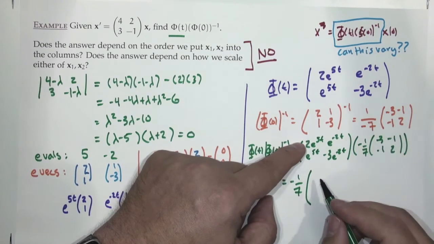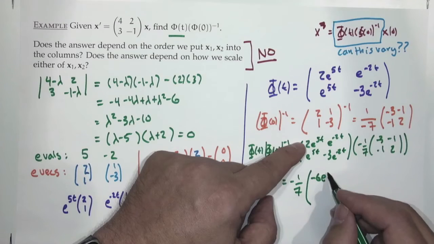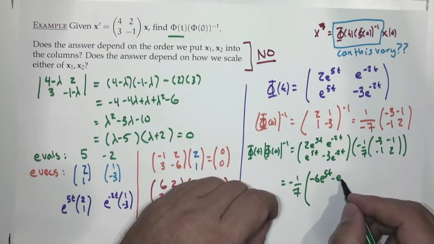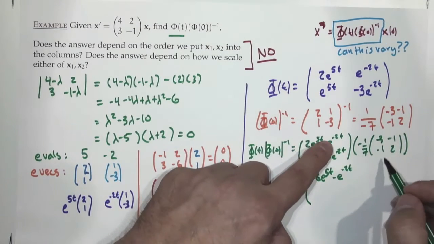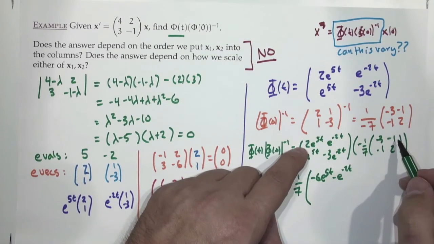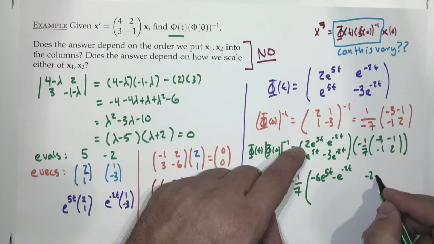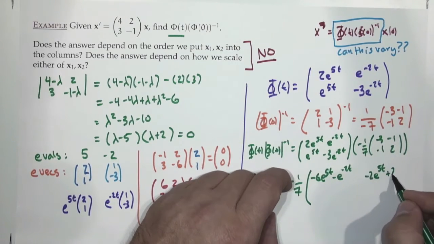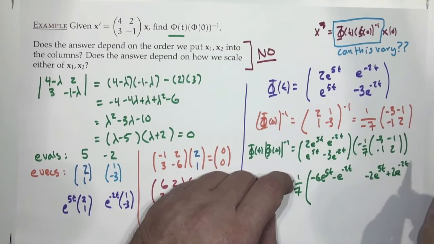Minus 6 e to the 5t, subtract e to the minus 2t. Then the next one, minus 2 e to the 5t plus 2 e to the minus 2t.